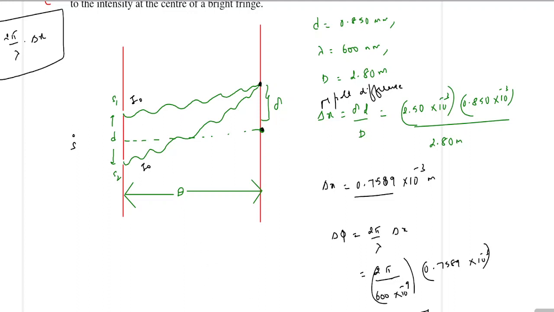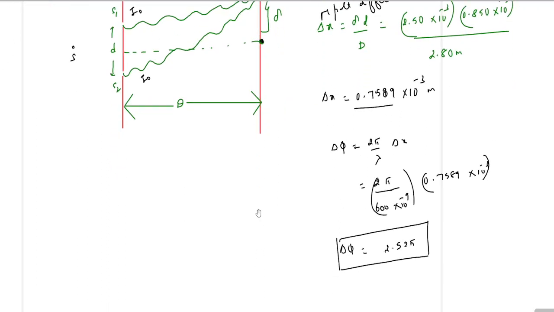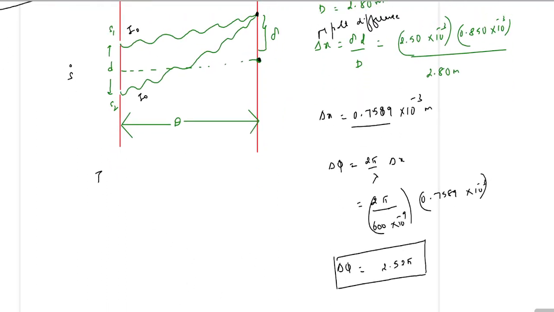That will be called I naught. And the intensity at any point, which is called IP, is given by the formula 4 I naught into cos square delta phi by 2. This is the formula for intensity.